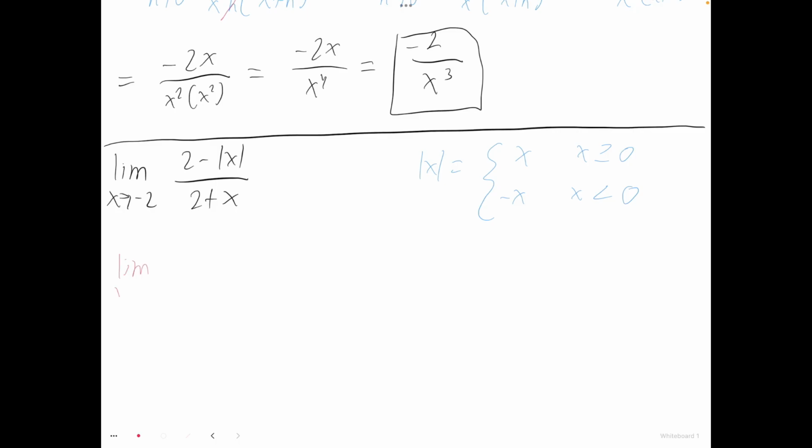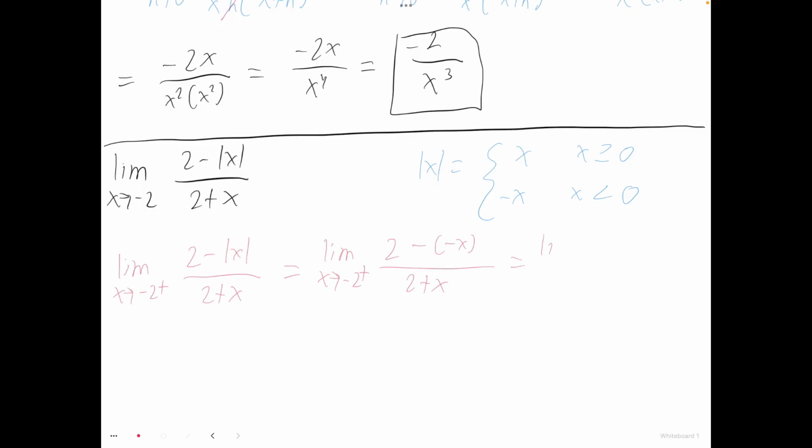So we'll take the limit as x goes towards negative 2 from the right of 2 minus the absolute value of x over 2 plus x. And so now when we plug in values really close to negative 2 but above negative 2, we're still going to be plugging in negative numbers. So we'd be plugging in things like negative 1.9, which is still negative, so the absolute value of x becomes negative x in this limit.